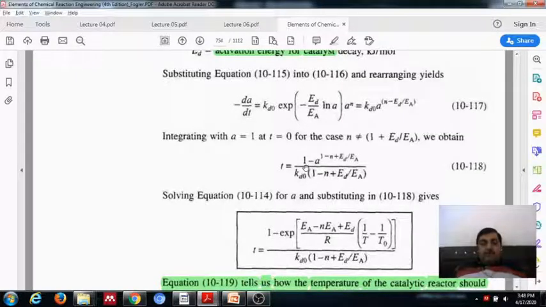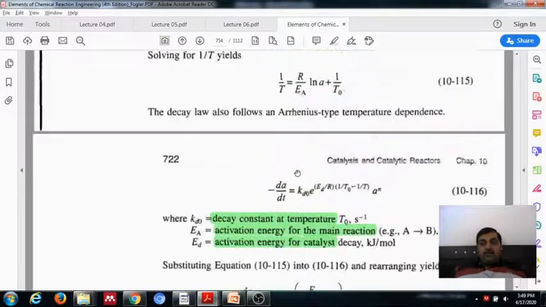We are looking for temperature to time trajectories. So we have time, but we don't have temperature in this, and we know that this can be then moved into 114 for A and substituting in 118.